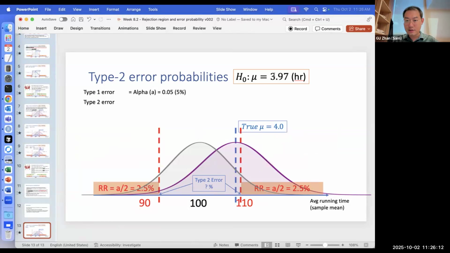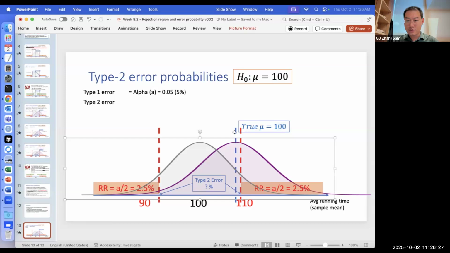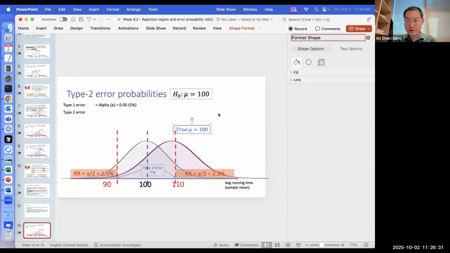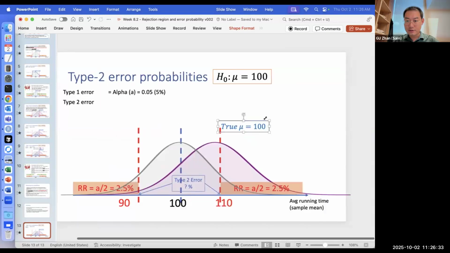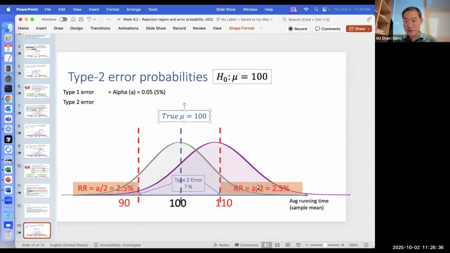So then mu is, say, 100. The true mean is, say, 100. In fact, your rejection zone doesn't define anything.